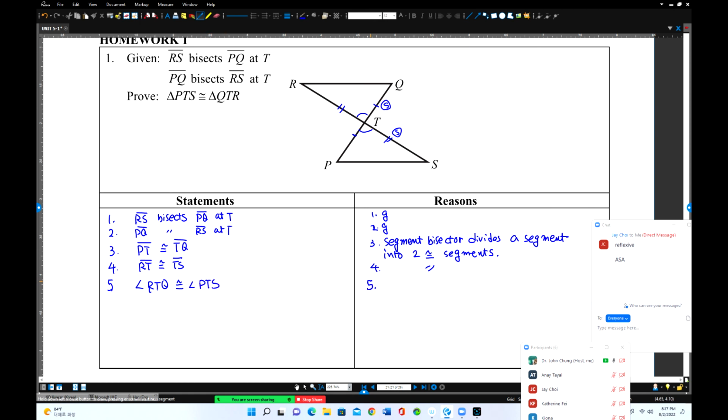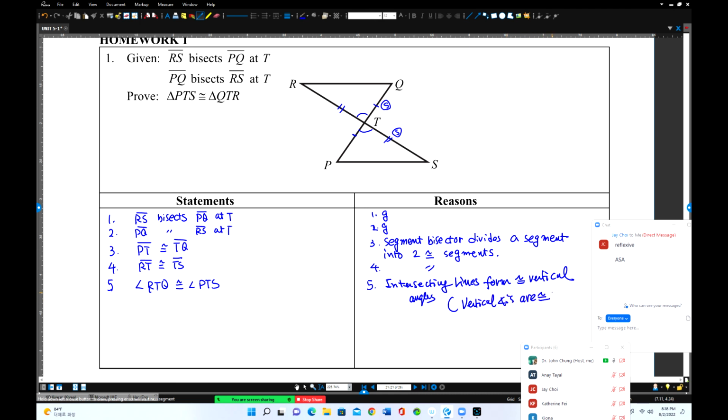The reason is what? Vertical angles are congruent, or intersecting lines form congruent vertical angles.